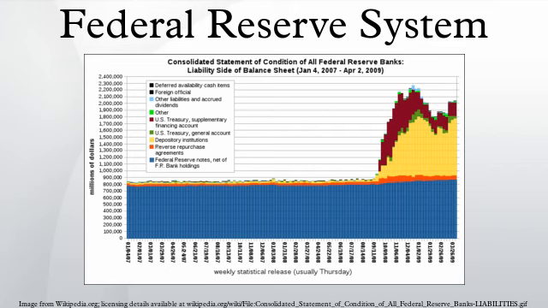Term Deposit Facility. The Term Deposit Facility is a program through which the Federal Reserve banks will offer interest-bearing term deposits to eligible institutions. By removing excess deposits from participating banks, the overall level of reserves available for lending is reduced, which should result in increased market interest rates, acting as a brake on economic activity and inflation.